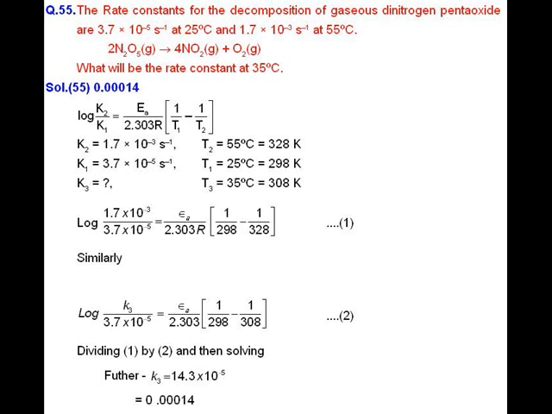So here we are going to use the relation between temperature and rate constant. As you know, this relation exists as log of K2 by K1 equals activation energy divided by 2.303 R into 1 by T1 minus 1 by T2.